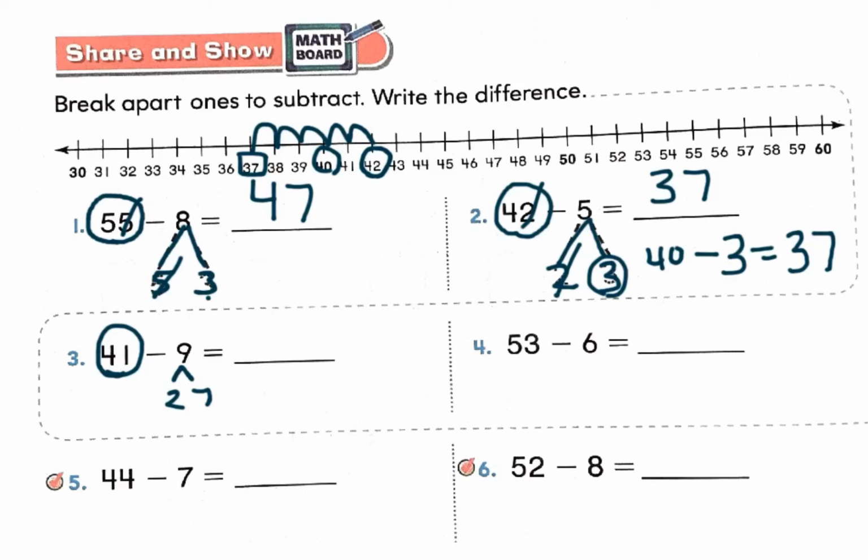But 41 minus 2 is 39, right? So when you are breaking apart the smaller number, make sure that you are using one of the parts that will turn the whole number into a 10. So 41 minus what will be 40? 41 minus 1 will be 40. And then what other part is missing? Yeah, 8.